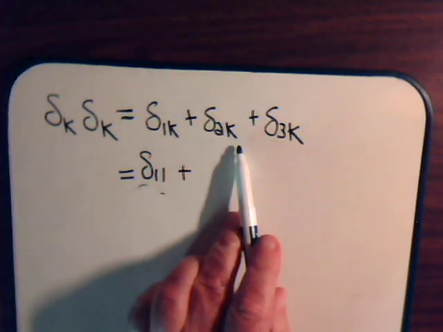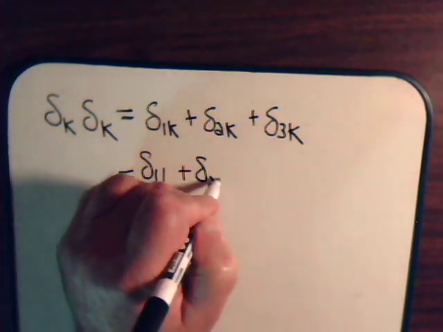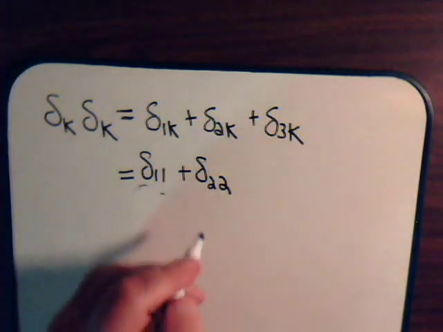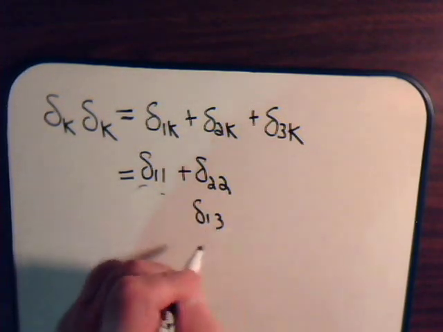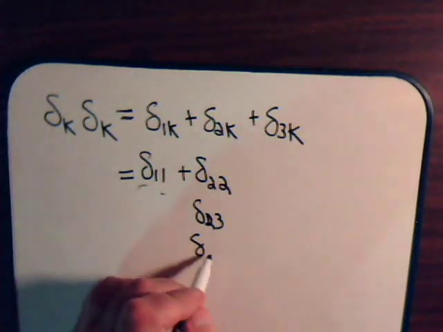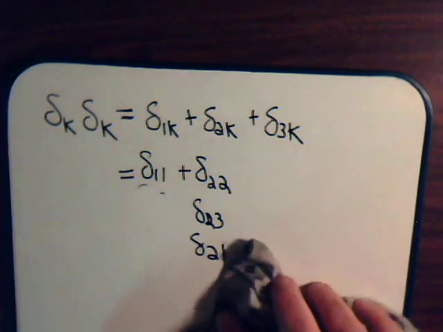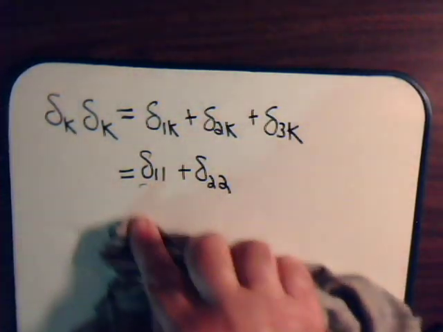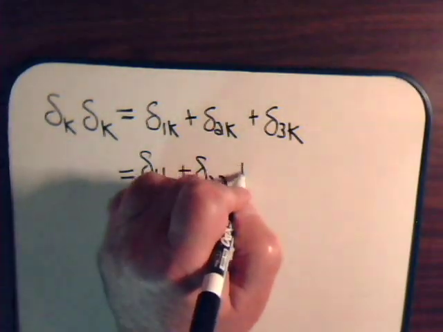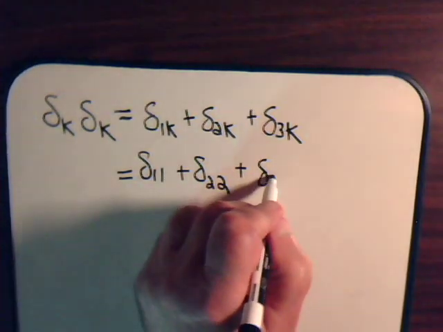k can be 1, 2, and 3, so when k equals 2, we have that. When it's 1 or 3, then we have delta 1, 3, delta 2, 3, or delta 2, 1 when k equals 1, but these are 0. And then for here, k can be 1, 2, and 3, but the only non-zero term we get is when k is equal to 3.